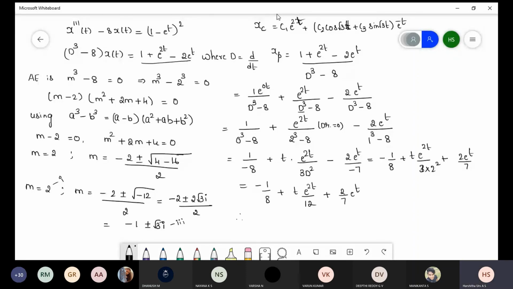Therefore x is equal to xc plus xp. So xc is c1 e power 2t plus c2 cos root 3t plus c3 sin root 3t into e power minus t, plus xp, minus 1 by 8 plus t into e power 2t divided by 12 plus 2 by 7 into e power t.